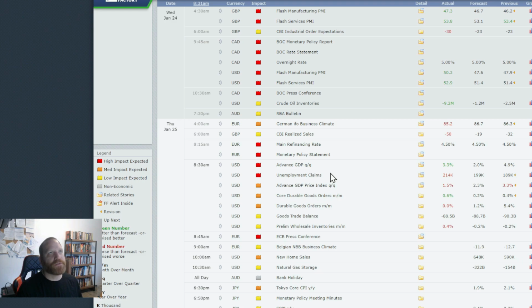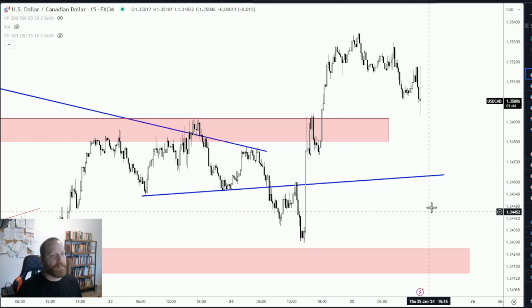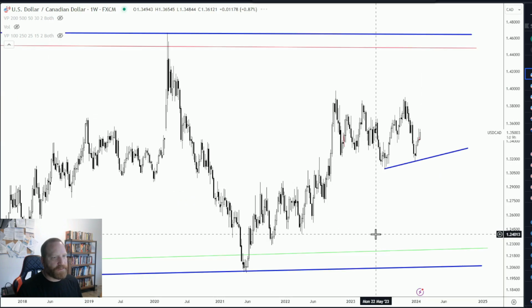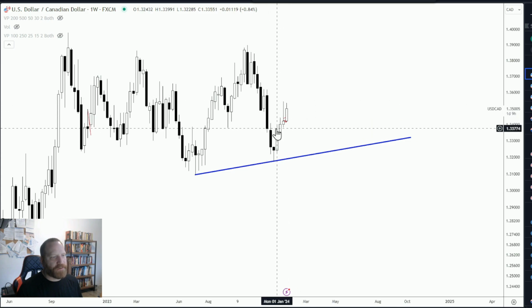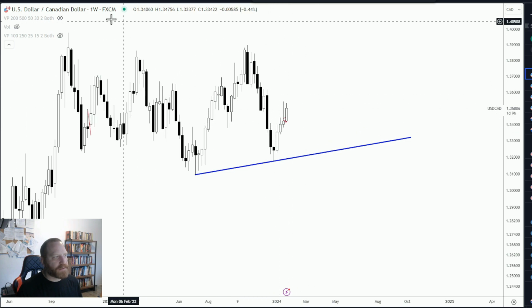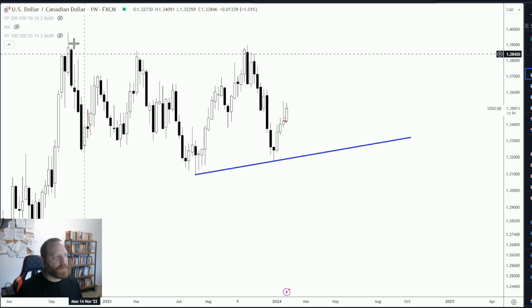So now it's the final test on this idea, basically, for me to see if I'm going to keep on trying this idea. What I mean by that is that if you go on the weekly here, the whole premise of my trade was based on this big wick on the weekly.